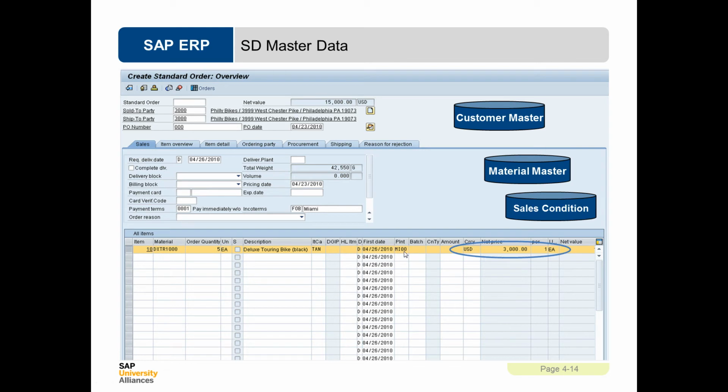And then finally, the sales conditions. In this case, we are selling them in US dollars. They're priced at $3,000 per bicycle. So for the 5 bicycles, the total invoice starts out at $15,000. And you can see that up here in the net value, $15,000.